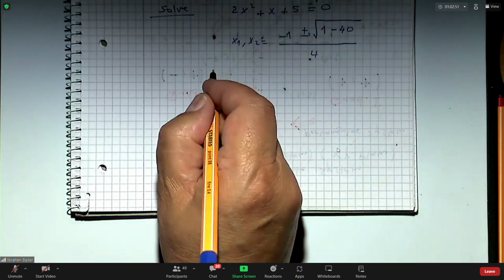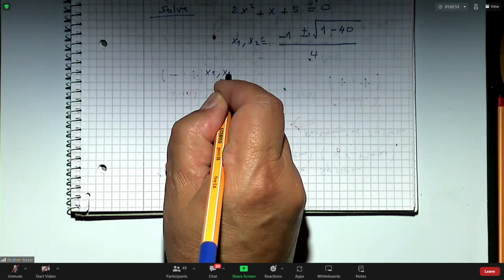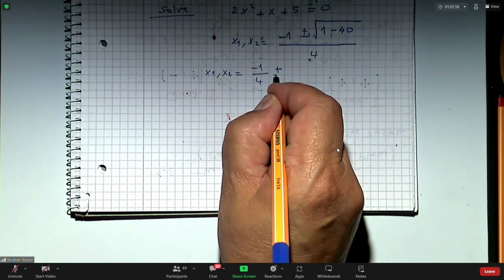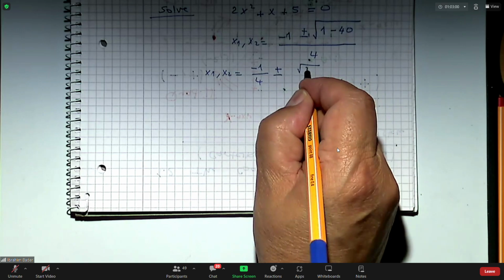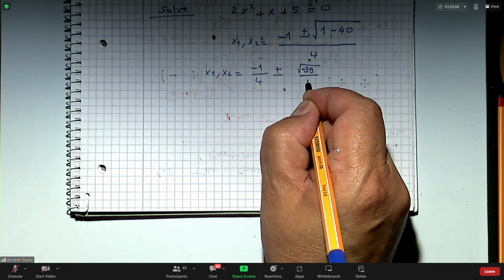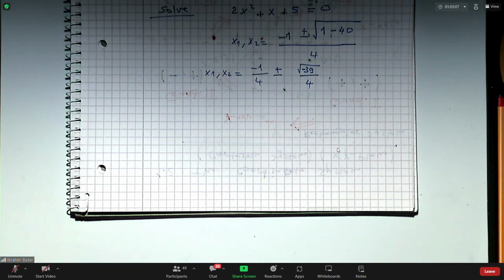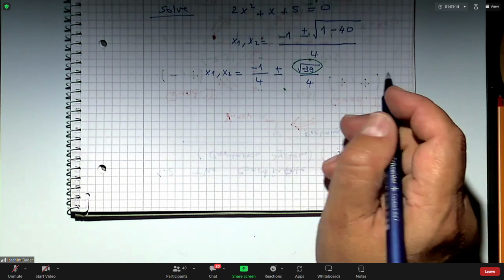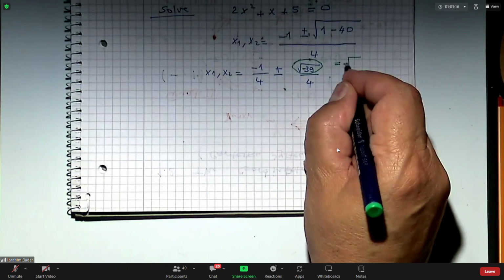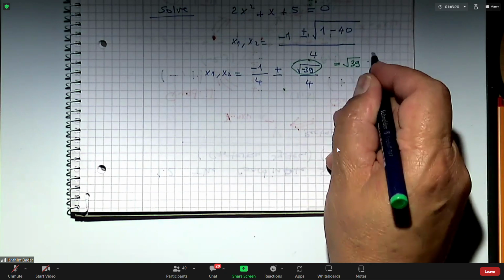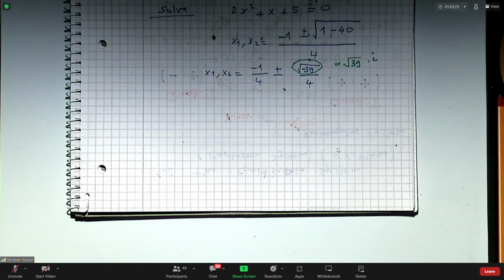So here we have x1, x2 equals minus 1 over 4 plus minus the square root of negative 39 over 4. But we said that the square root of negative 39 is equal to the square root of 39, which is a real number, times i, if I just take the square root of negative 1.